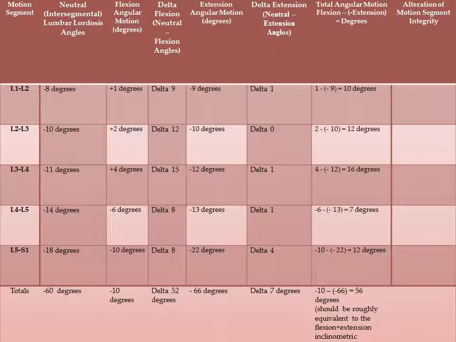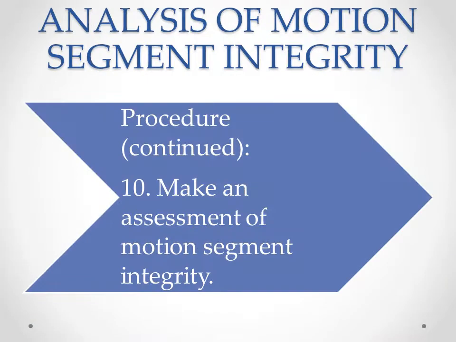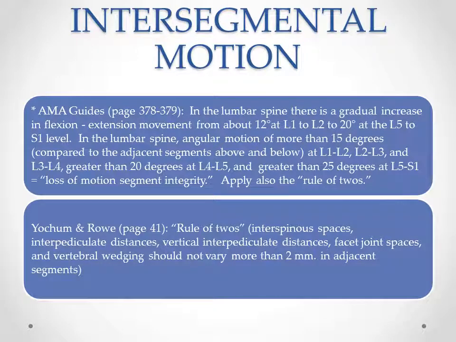So now you have to make an analysis, a decision regarding whether or not there is alteration of motion segment integrity or not. Now, how do you decide? Well, you go to the source. The AMA guides tell us.